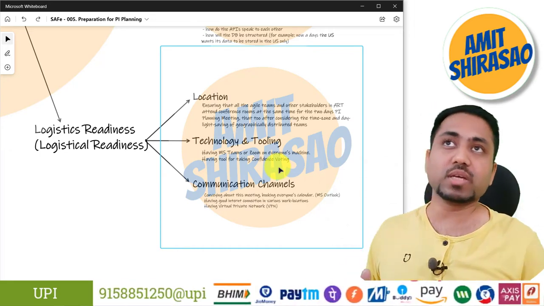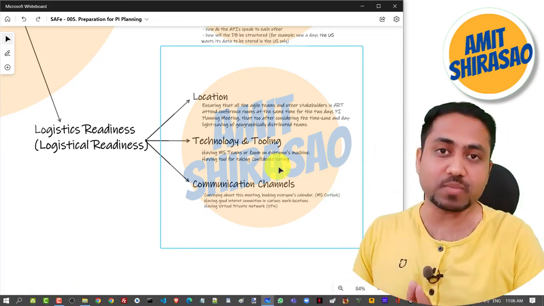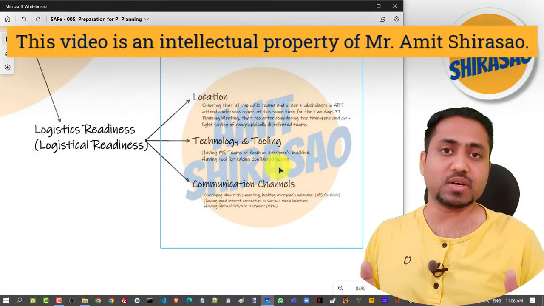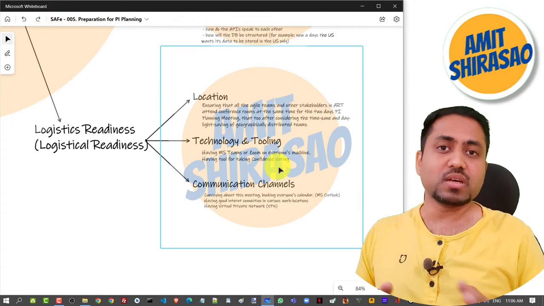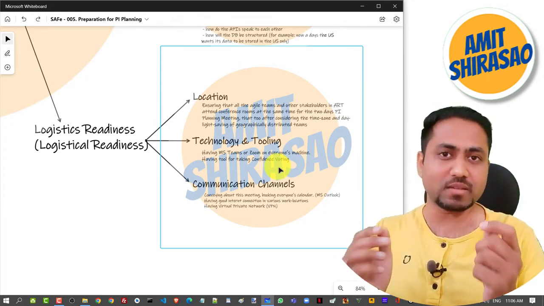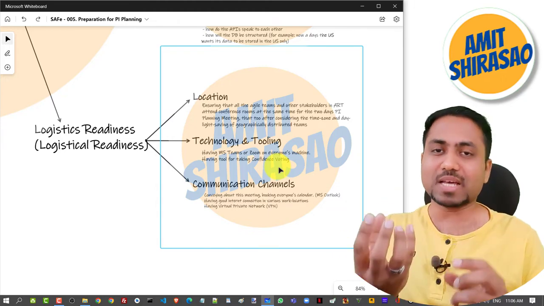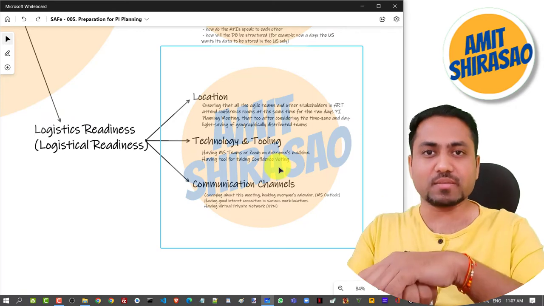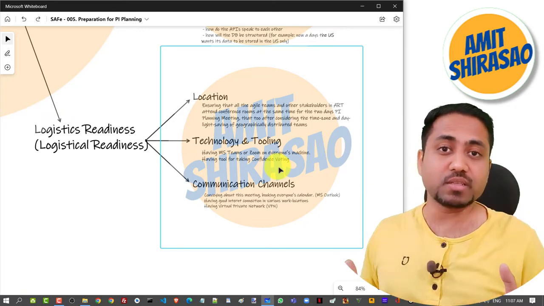Confidence voting means whether you have confidence in this plan or not. So whatever is the final plan that comes out, a vote is taken across all these 100 people in the ART.